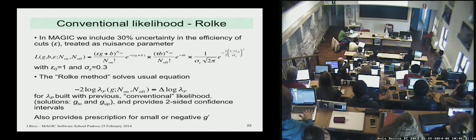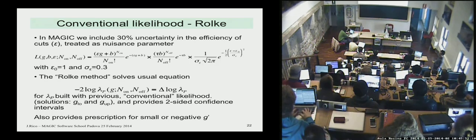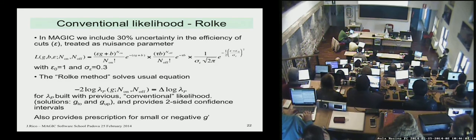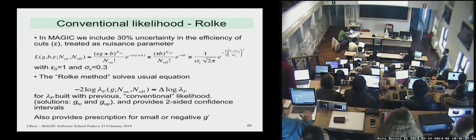Yes. Well, Rolke has this, but the background can be Gaussian or Poisson. I think we actually use the Gaussian approximation. And this PDF can also be several things. It can be Gaussian, binomial, or Poisson. So it gives you some fixed examples, and you have to choose which is the one that fits your experiment better.